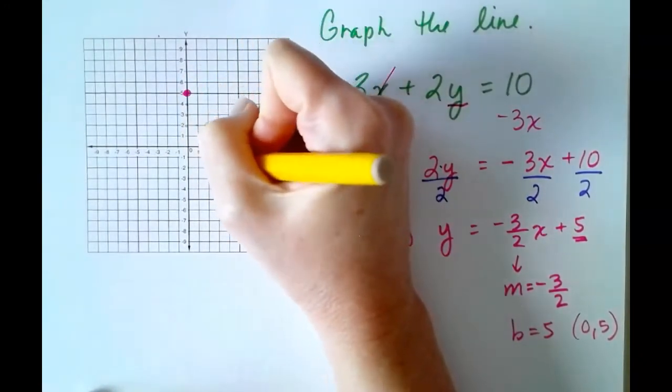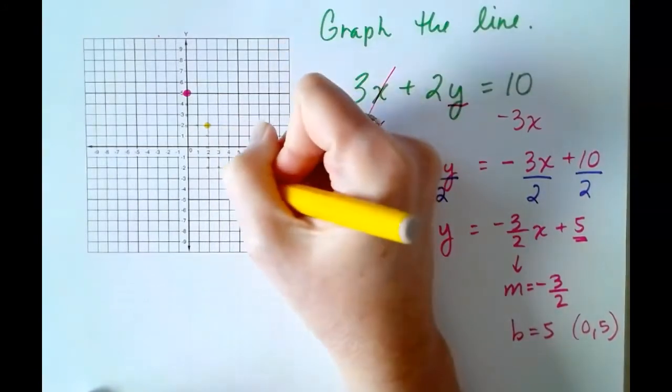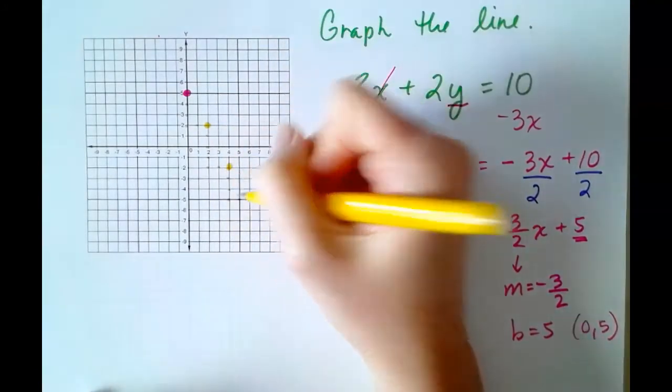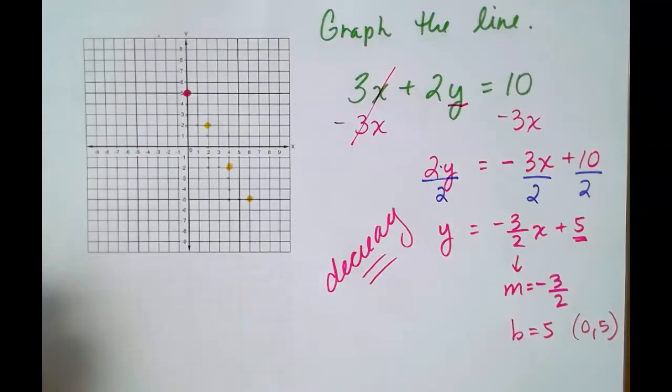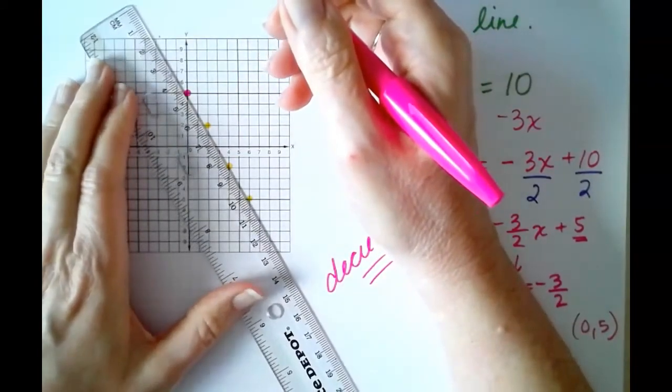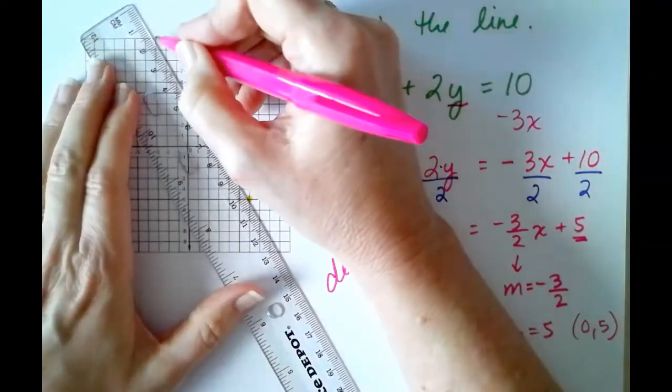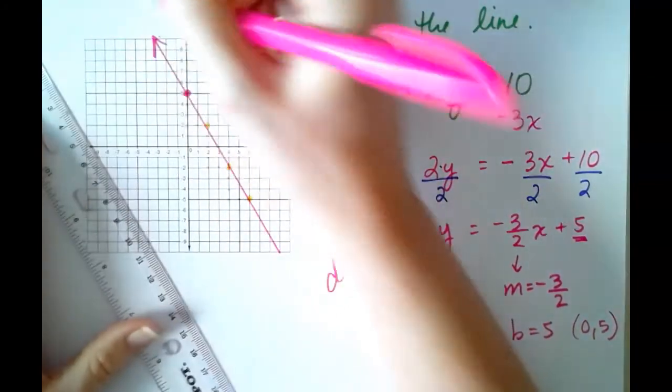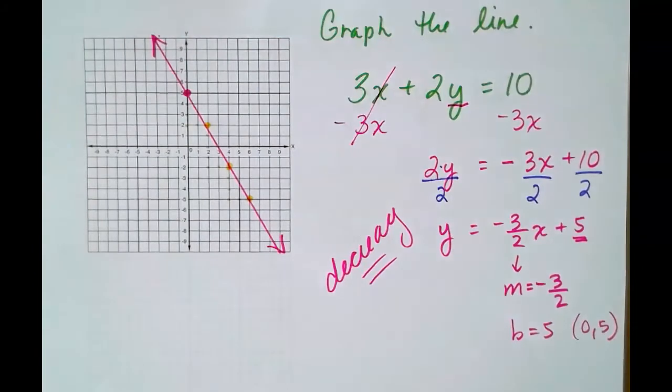There are some other points on our line. Connect those points and create your continuous decreasing function. And that is what our line looks like.